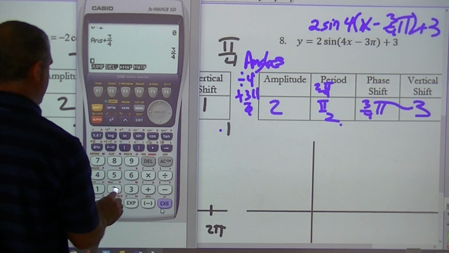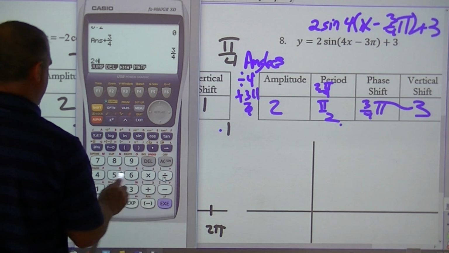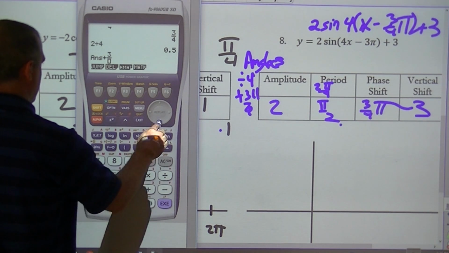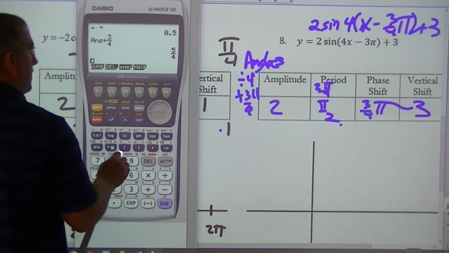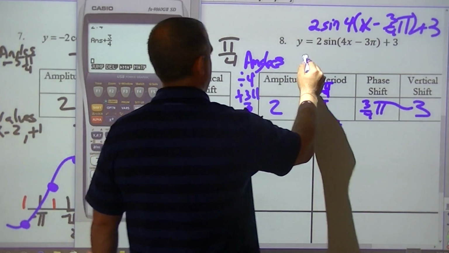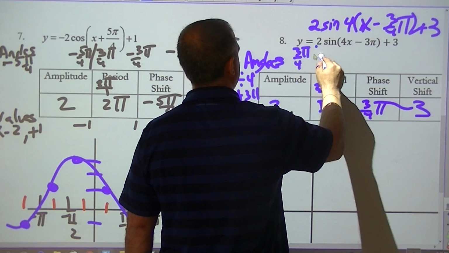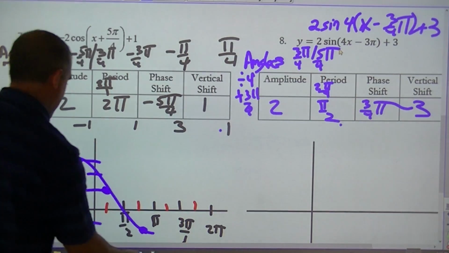So it'll be 3/4. Then 2 divided by 4 plus 3/4. Okay, so I got 3/4 pi and 5/4 pi. Then I go 1/2.